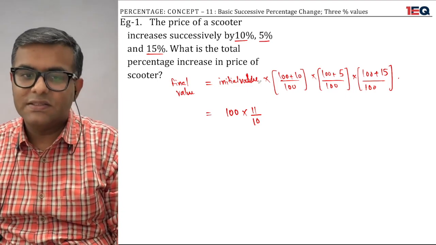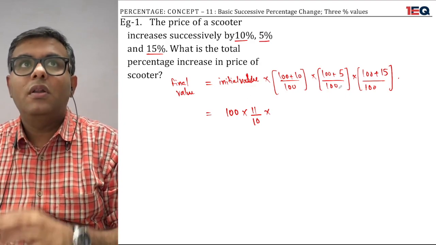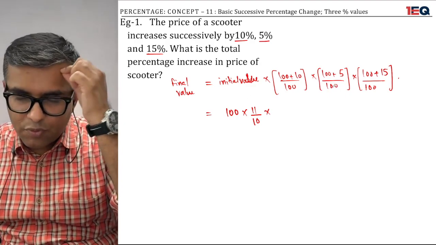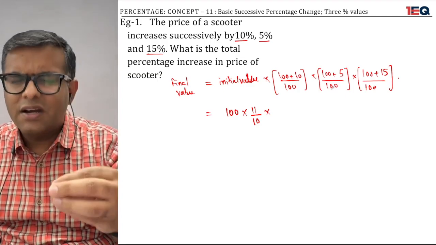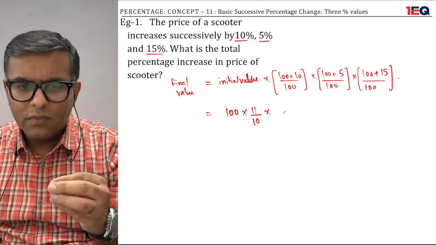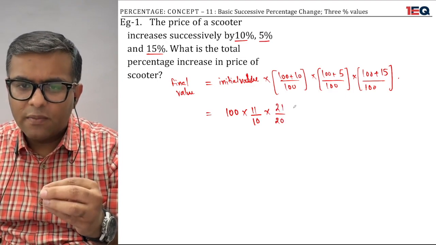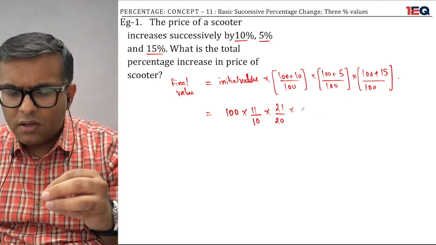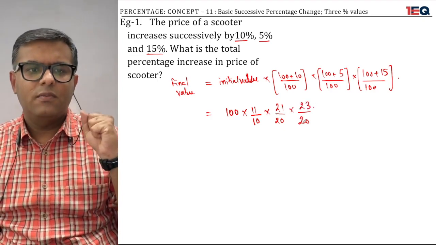Okay, just see this. Solving it again, 105 upon 100. Just put your brains to it. 105, lowest possible value, cut it by 21 and 20. Okay, this is 20 and 21. 115, again lowest possible value, 20 and 23.